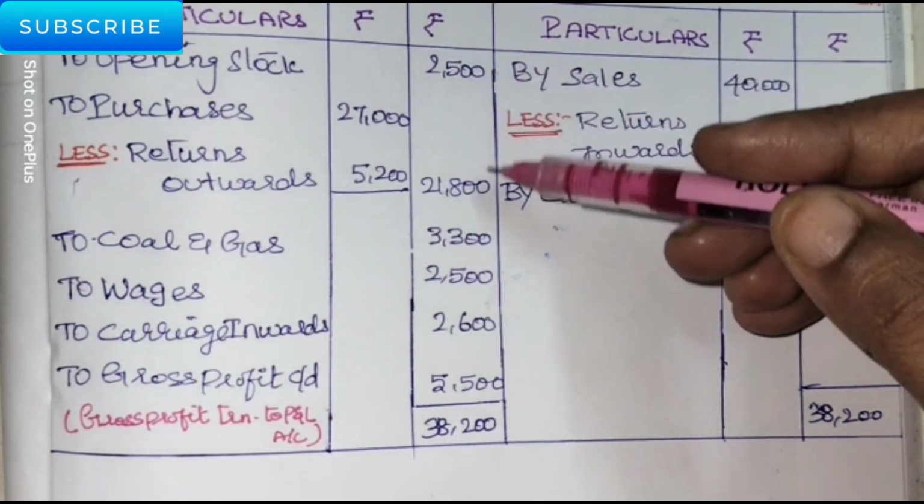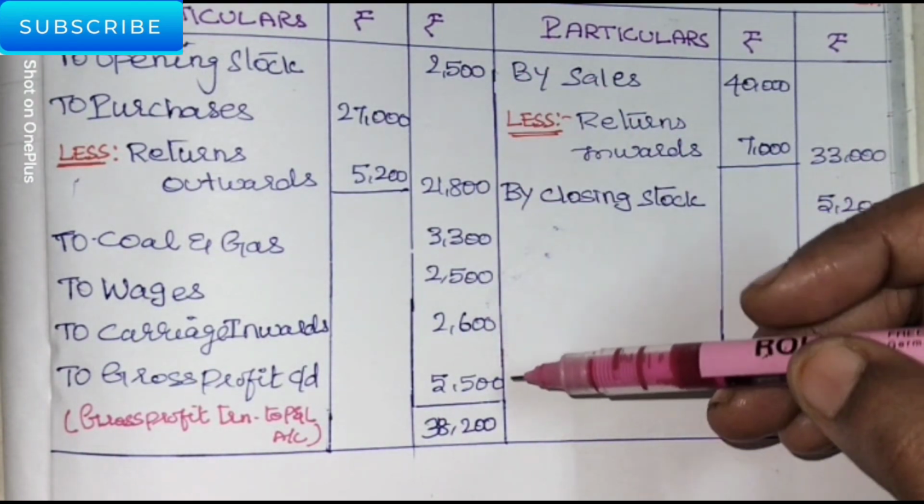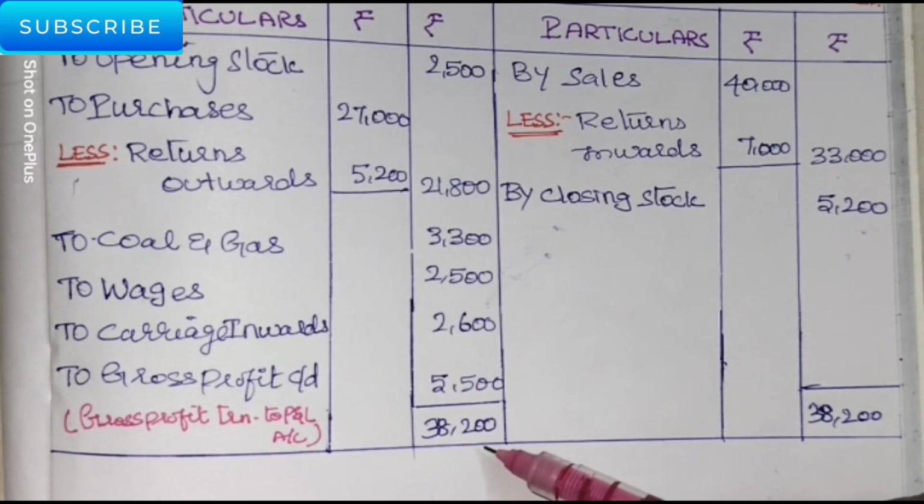Then we subtract the sum of the lesser side from the 38,200 total, and we get 5,500. So this is the gross profit.